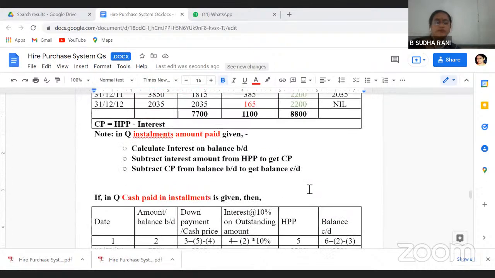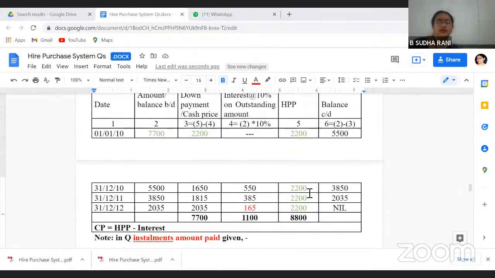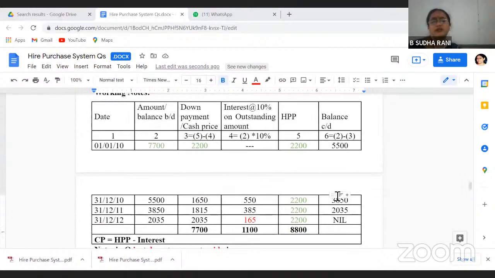Once you get this, the passing of journal entries, hardly even 10 journal entries are there. If 5 to 6 journal entries are there and you learn those, some 3 entries you will repeat every year.